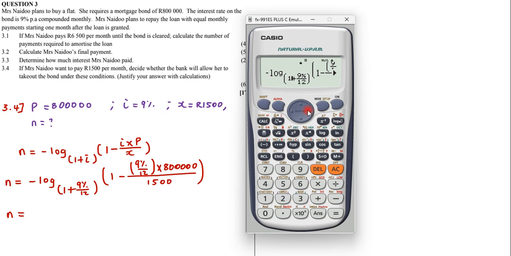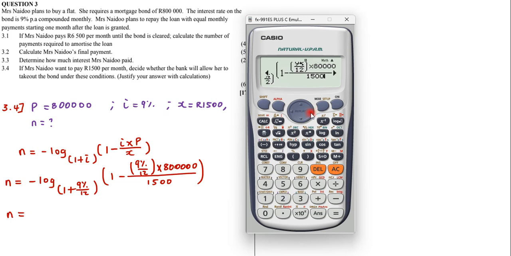This means the bank will never allow Mrs. Naidu to pay this amount. The reason is that this error simply tells you that Mrs. Naidu will be paying for a very long time, maybe up until she passes on, and the bank will never take that risk.